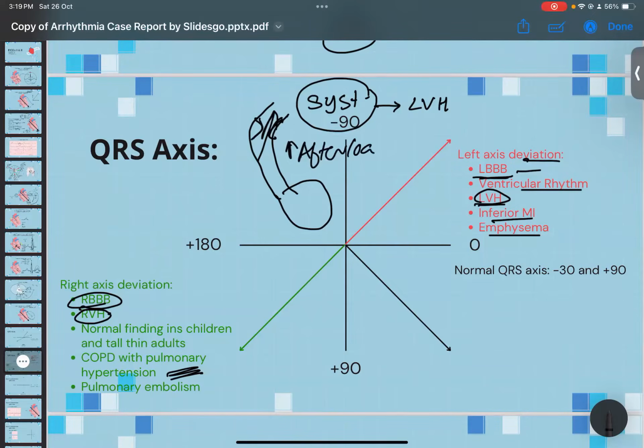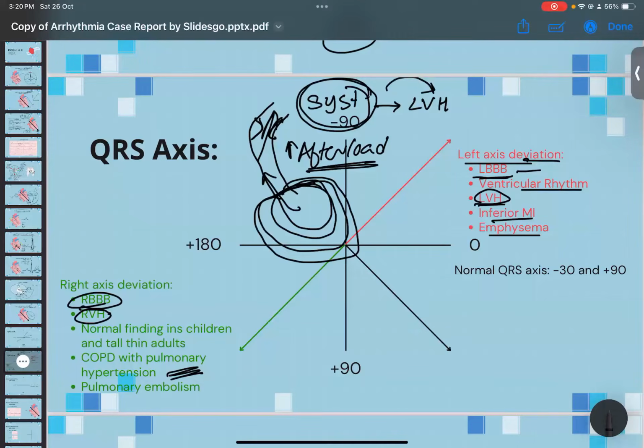So your ventricle has to work a lot harder in order to pump blood, overcome that increased afterload, and push the blood out. In order to work that hard, it's going to compensate by increasing the muscle size. And when it increases the muscle size, you're going to get left axis deviation. So systemic hypertension can cause left ventricular hypertrophy.